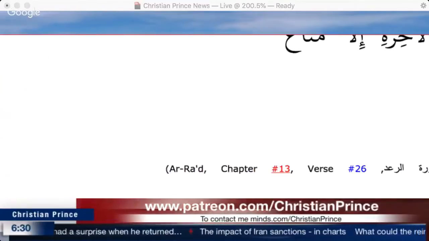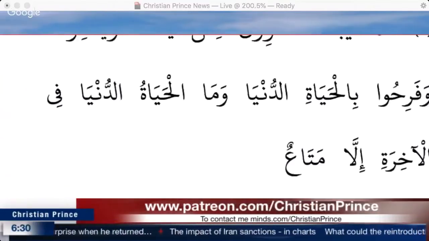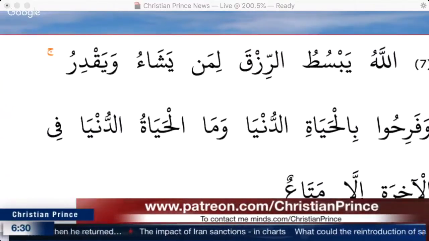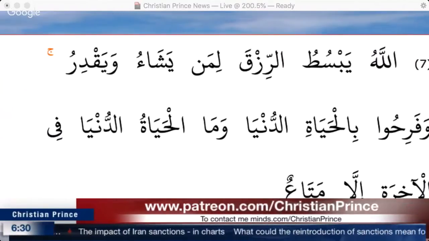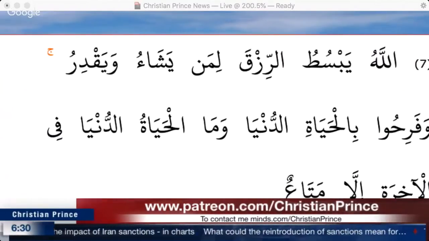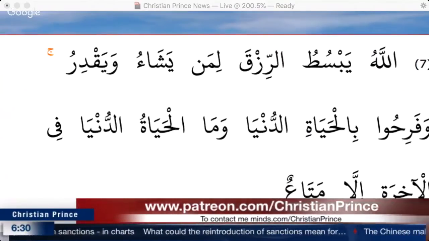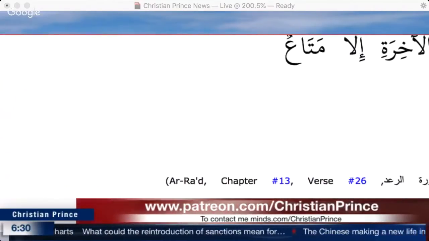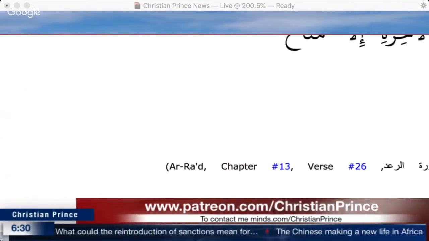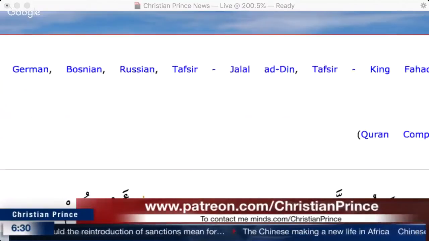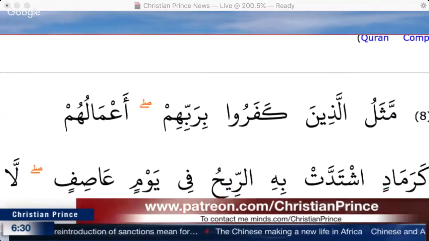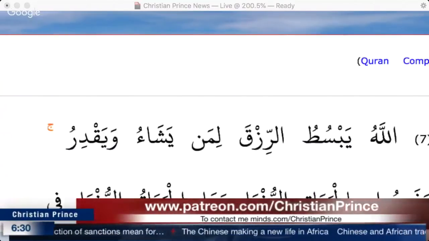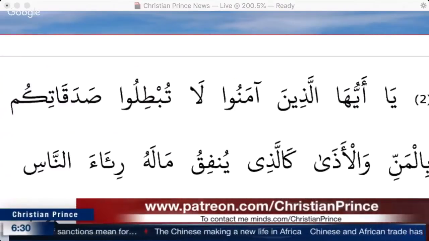In chapter 13, verse number 26, it says that Allah is the one who gives as he wishes, and he is the one who decides, he decrees. He decrees what exactly? But that's the point. It doesn't actually say that it's been written down and everything.